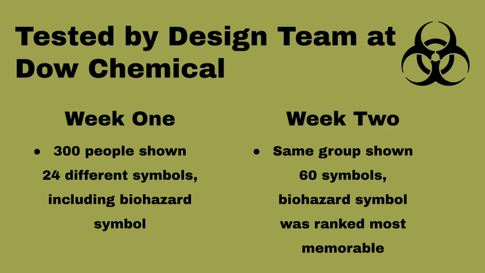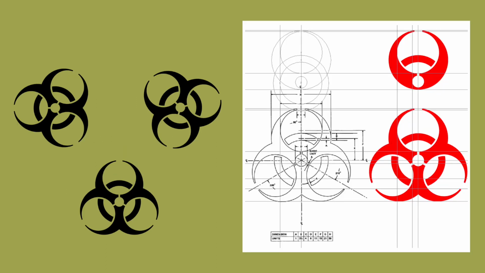The design team at Dow also conducted a test to see if this symbol met these criteria. They showed 24 different symbols to 300 people and followed back a week later, showing the same group 60 different symbols to see which one was the most memorable, which is now the current biohazard symbol. This is no coincidence with how this symbol was designed.